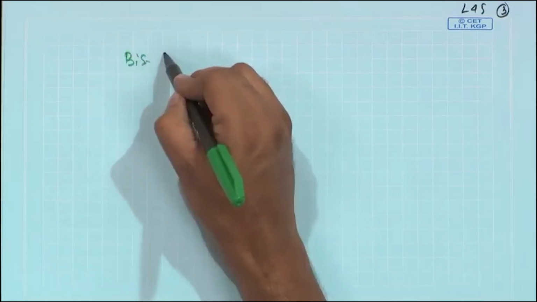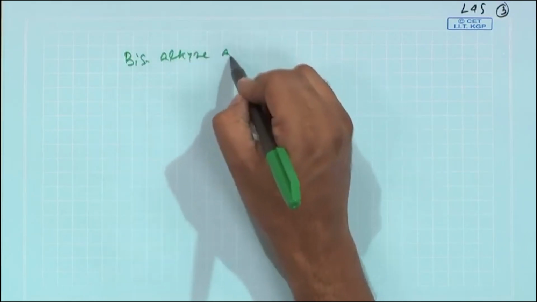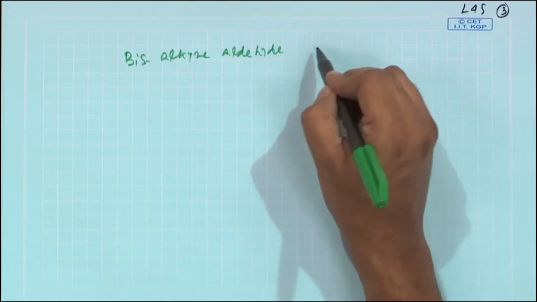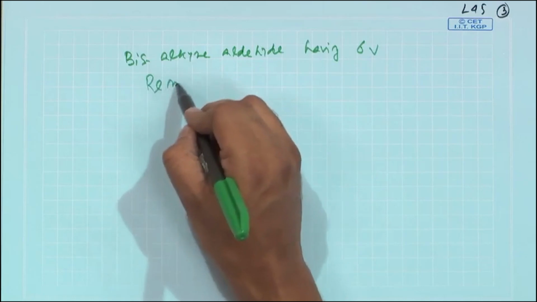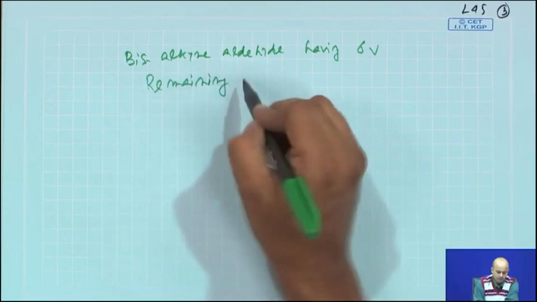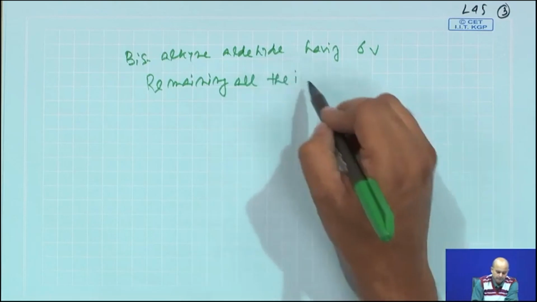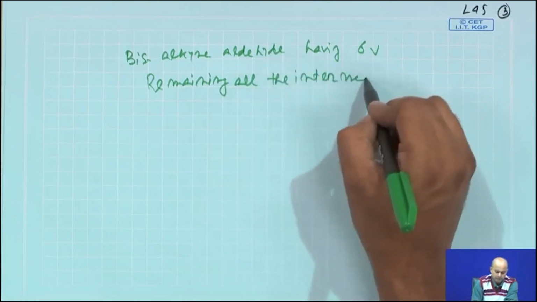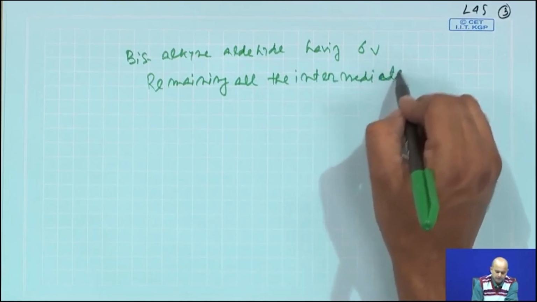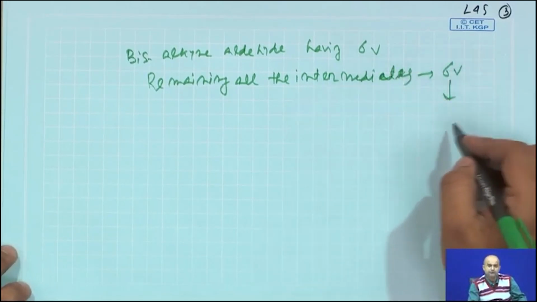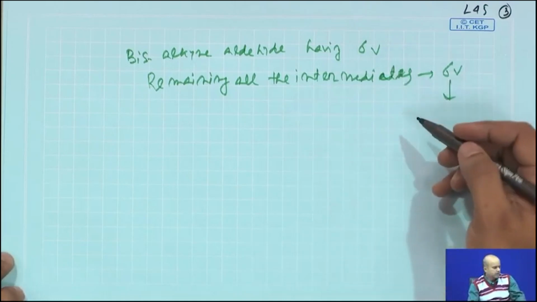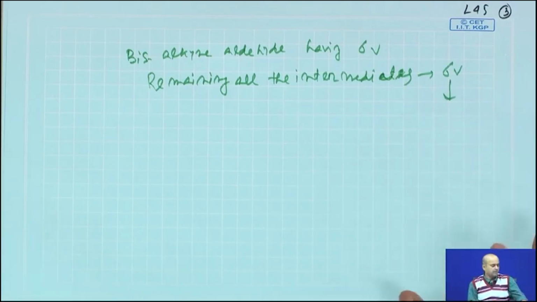You see the initial bis alkyne aldehyde is having the sigma V, and all the remaining intermediates are also having sigma V. So, sigma V was basically maintained throughout the pathway, that is why maintenance of symmetry is absolutely important, and that also gives you a good guideline on how you can plan your entire pathway.